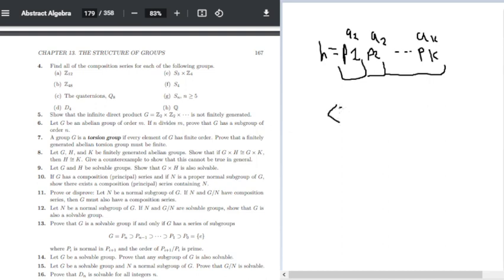Actually, we showed that it's a p-group, so we actually show that there are elements Gi such that the order of Gi is equal to pi to the ai.